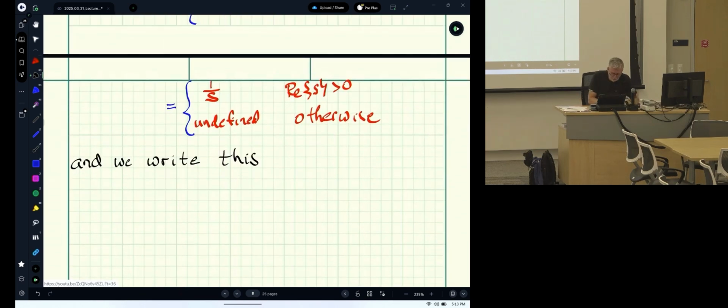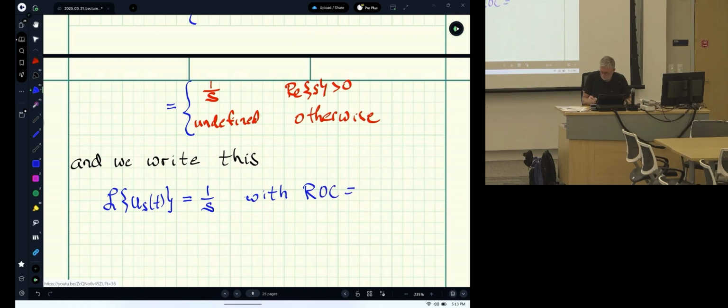We write this as the Laplace transform of this function equals 1 over s with s in the complex numbers.